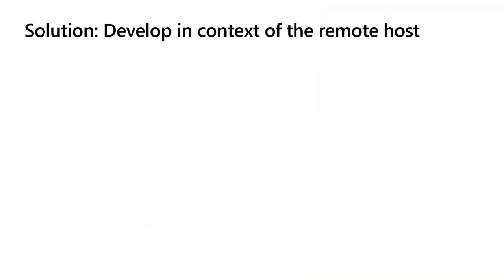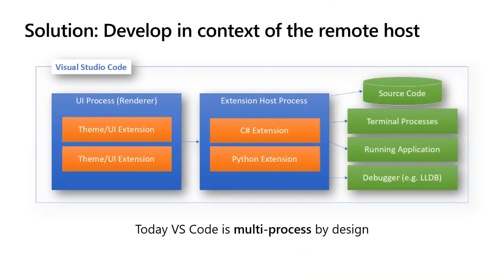So let's have a look at the architecture of Visual Studio Code. Visual Studio Code has existed for already 10 years. 10 years ago, it was started by the team led by Erich Gamma, who was previously developing Eclipse.